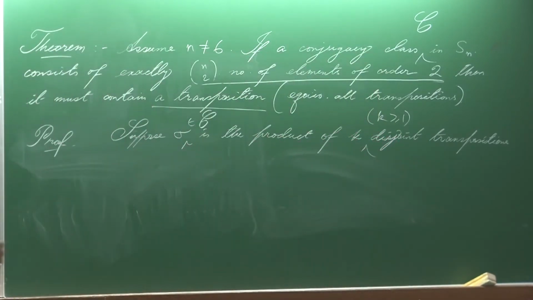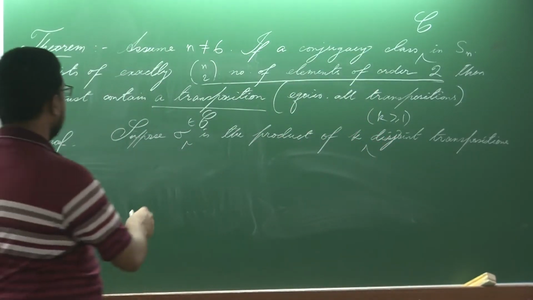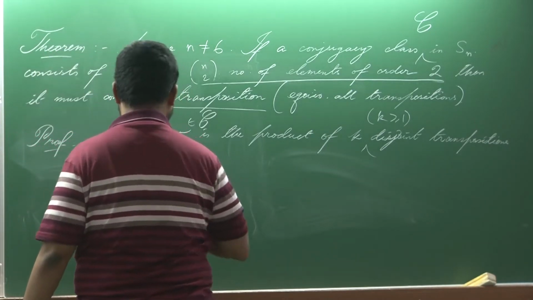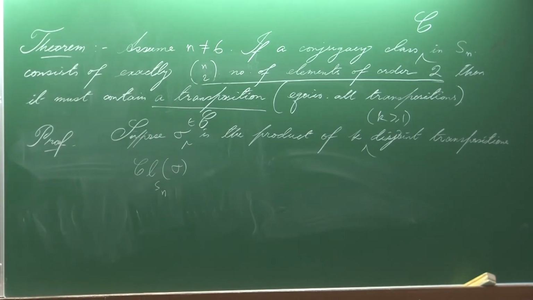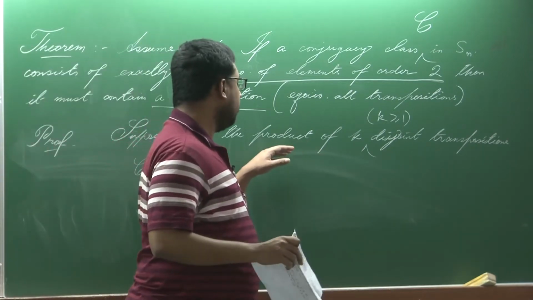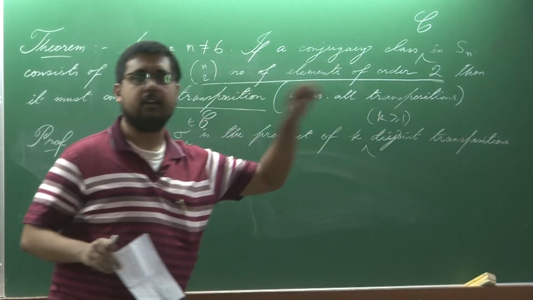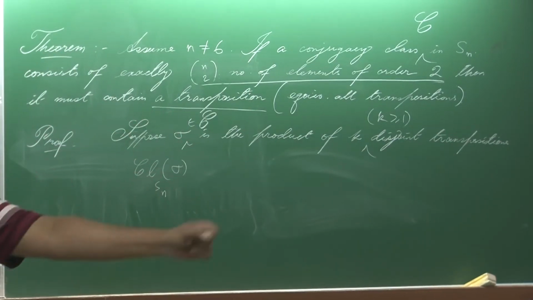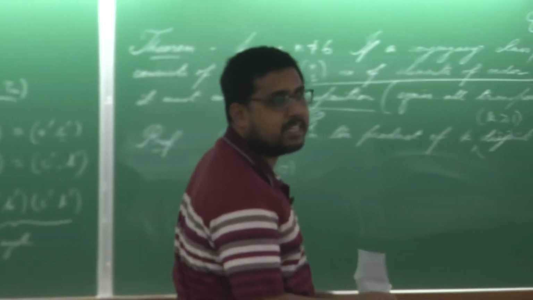Suppose sigma is the product of k disjoint transpositions. Then the class of sigma inside Sn will be the collection of precisely all permutations which are products of k disjoint transpositions, because in a conjugacy class we always have permutations of the same cycle type.